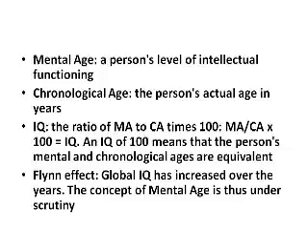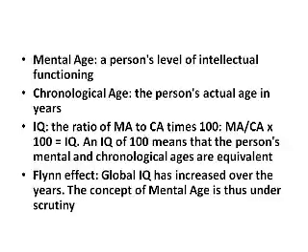Mental age is usually contraposed to chronological age, which is the person's actual age in years. The IQ, which stands for intelligence quotient, is the ratio of the mental age to the chronological age times 100. So an IQ of 100 means that the person's mental and chronological ages are equivalent.